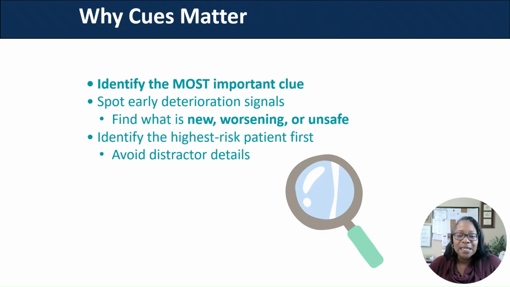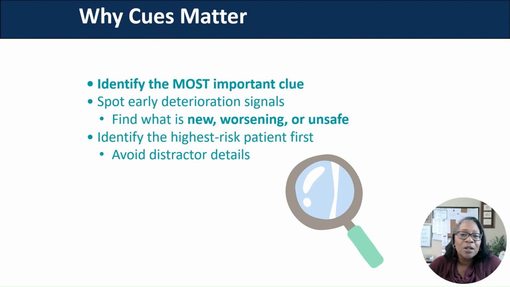Now, with every NCLEX question, it begins with one goal: find the most important cue. But students often do the opposite. They read the details, the symptoms, the background, the diagnoses, but they miss the one thing that matters. What's getting worse? What's new? What is abnormal for this particular patient?